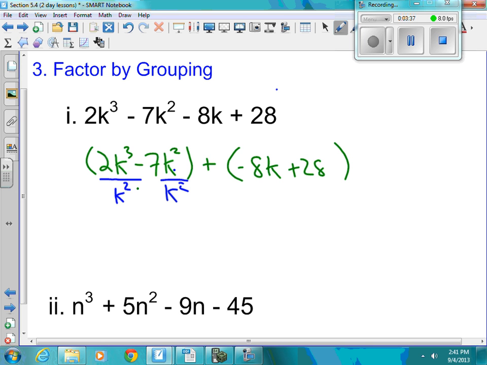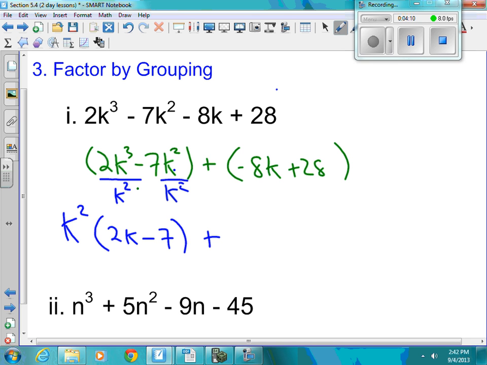So we end up with k squared times, well, k cubed divided by k squared would be just k, so 2k. K squared divided by k squared cancels out, or we have k to the 0, which is 1. 1 times negative 7 is just negative 7. Now we have to do the same thing over here with negative 8k plus 28. What will factor out of negative 8 and 28? We don't have to worry about the variable because one term has a k and one term does not.